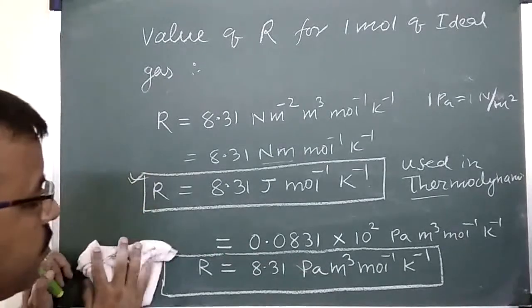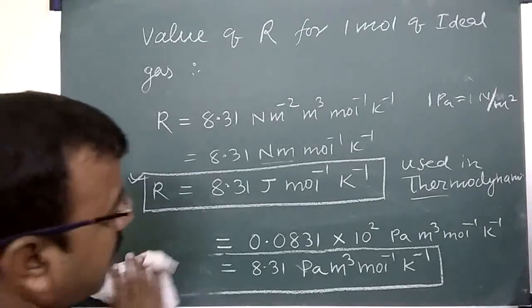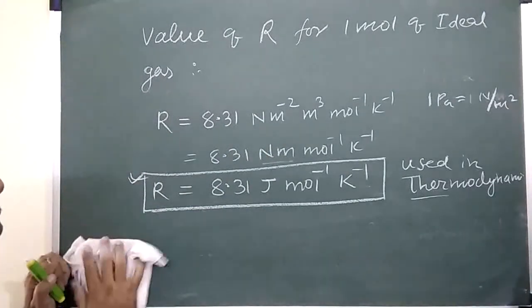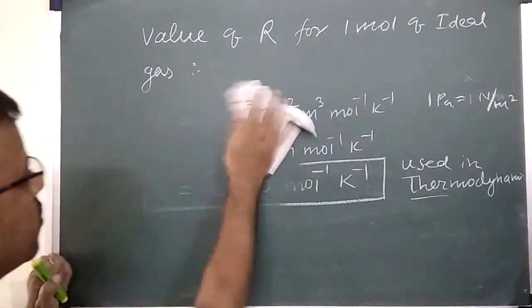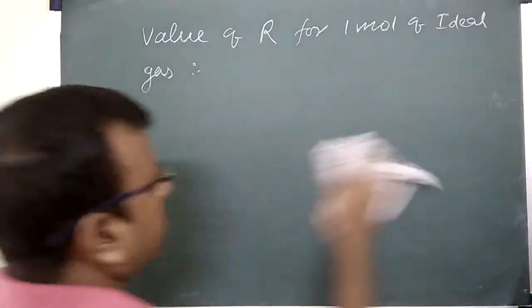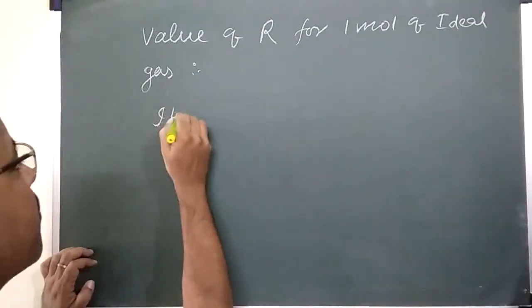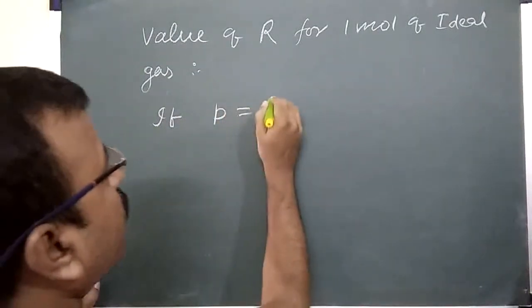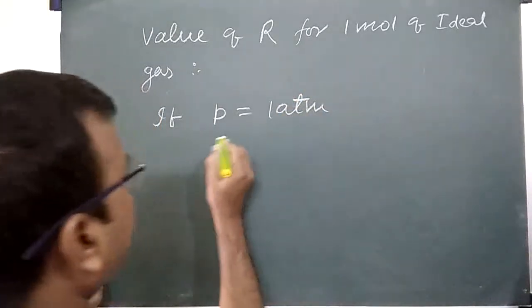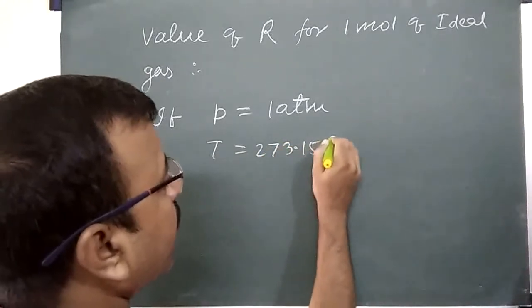Here, see. So note down this one. We are going to use the older unit if pressure is equal to 1 atmospheric pressure and temperature is 273.15 Kelvin.